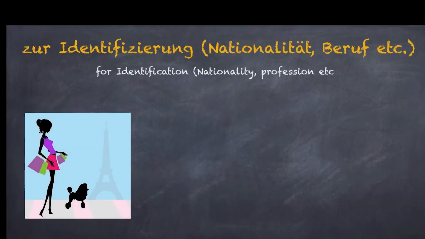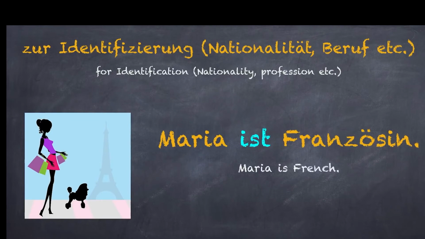Here's the next usage. Sein is used zur Identifizierung von Nationalität, Beruf, etc. So when you have to identify someone, then you use the verb sein. For example, Maria ist Französin.